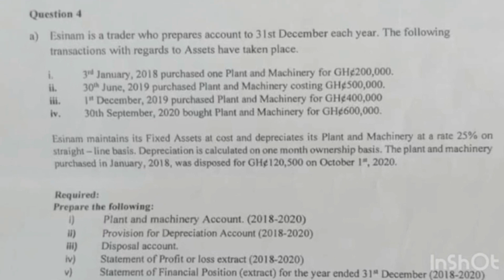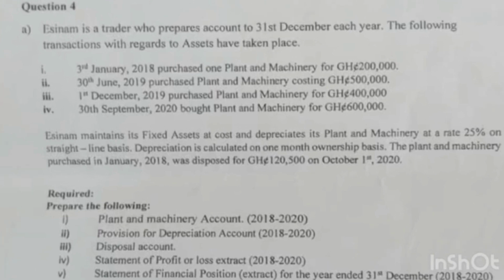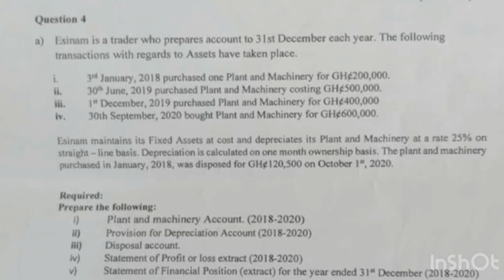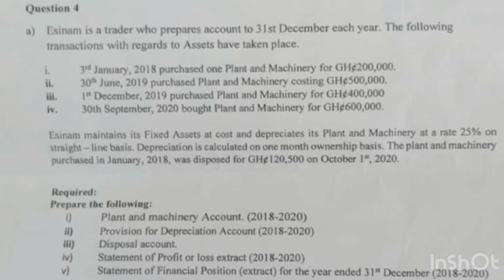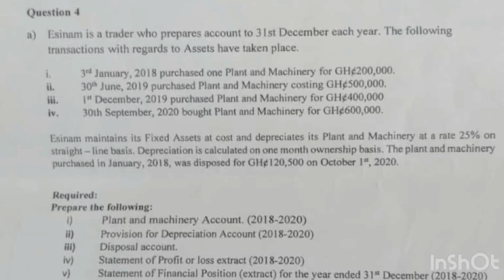Esinam maintains its fixed assets at cost and depreciates its plant and machinery at a rate of 25% on straight line basis. Depreciation is calculated on a one month ownership basis. The plant and machinery purchased in January 2018 was disposed for 120,500 on October 1st, 2020.